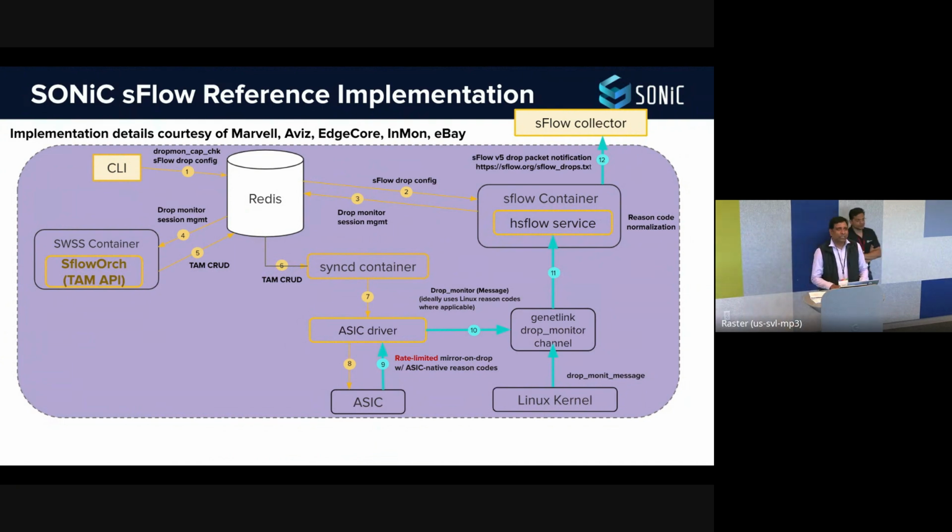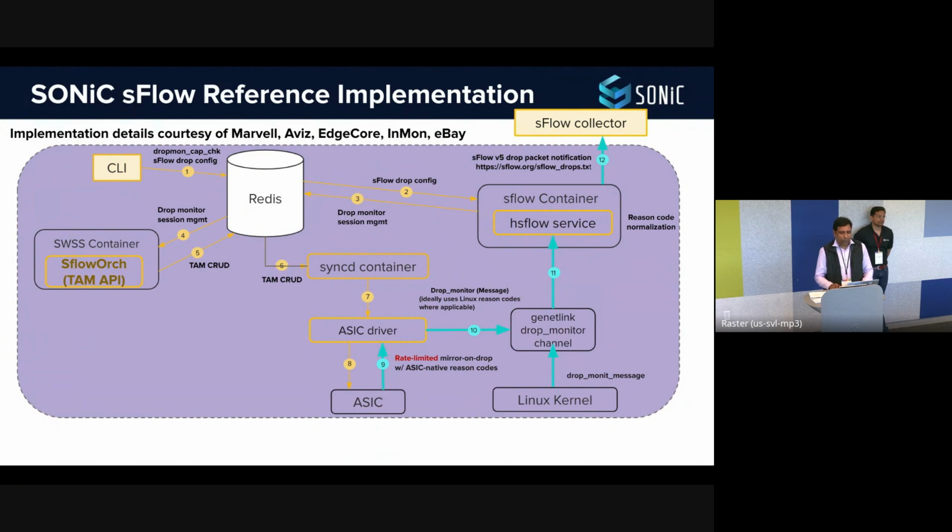Thank you. So I think this is a high-level SONiC drop notification architecture. This picture speaks volumes, and it is familiar to you all. I would like to call out two important points here. The first point is sFlow drop notification.